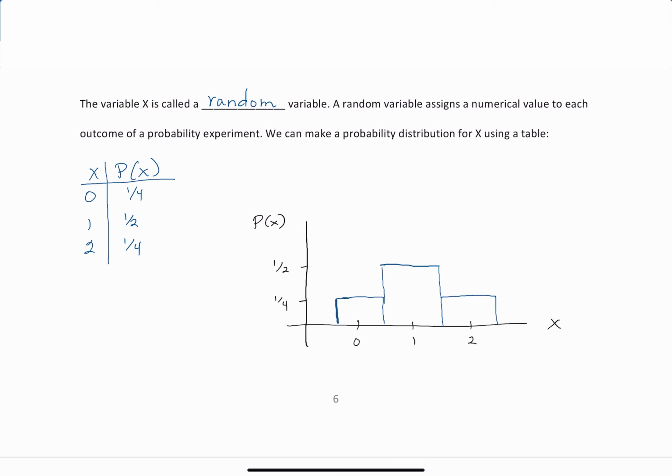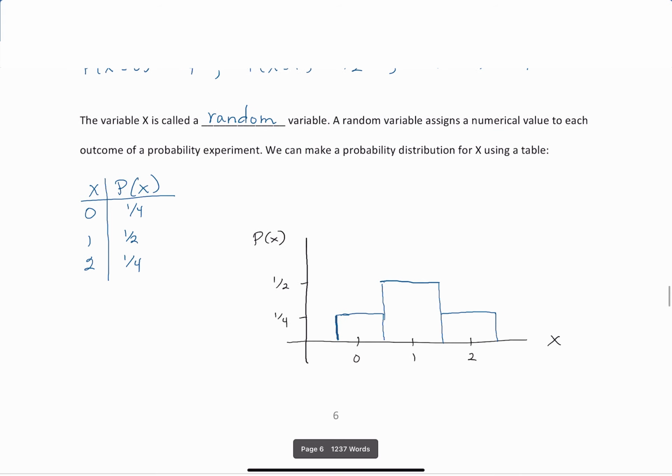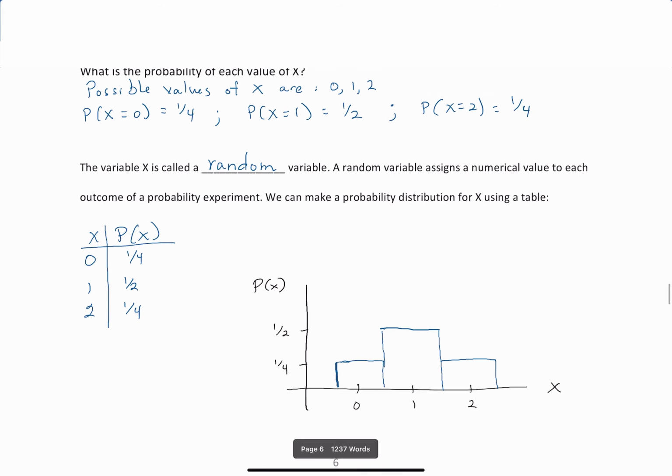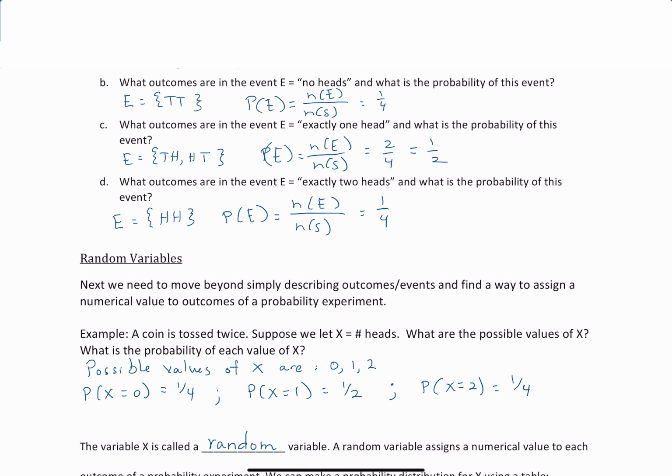Something to notice here is that now that we've switched over to this thing called a random variable, as opposed to describing outcomes, we've, in a sense, lost some information. We're no longer talking about both heads and tails. We're only talking about numbers of heads. Now, in a really simple experiment like flipping a coin, we know, for example, that if you get 2 heads, you didn't get any tails.